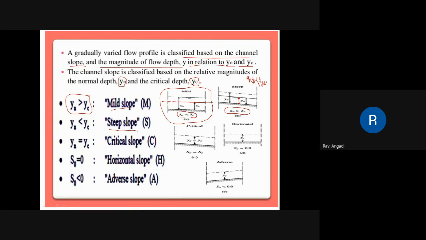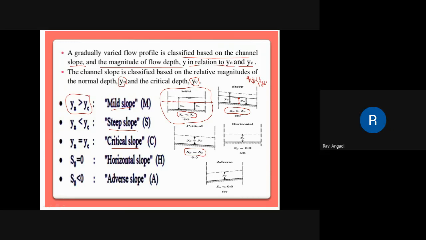Then the critical slope. When both depths, the critical depth as well as the flow depth or normal depth, are equal, then we get the critical slope. I hope you understood. At that time, the slope of the channel bed as well as the slope of the energy line will be equal. Is it clear?